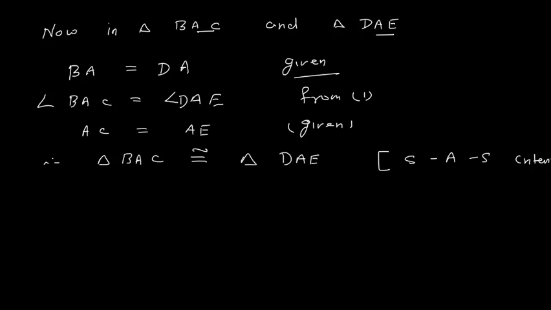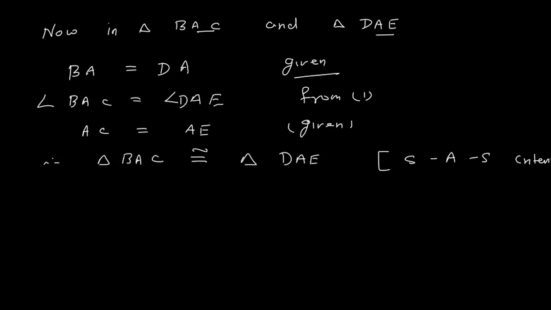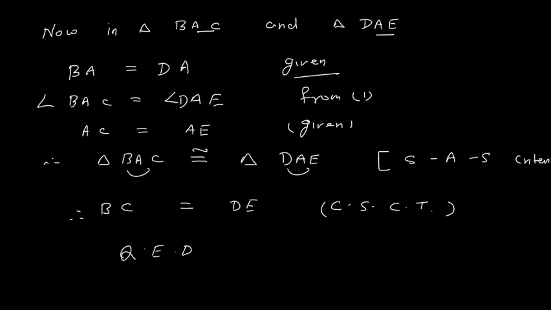As these two triangles are congruent, their corresponding sides, which are BC and DE, are equal. So therefore side BC is equal to side DE. They are corresponding parts of congruent triangles. Hence we have proved. So QED.